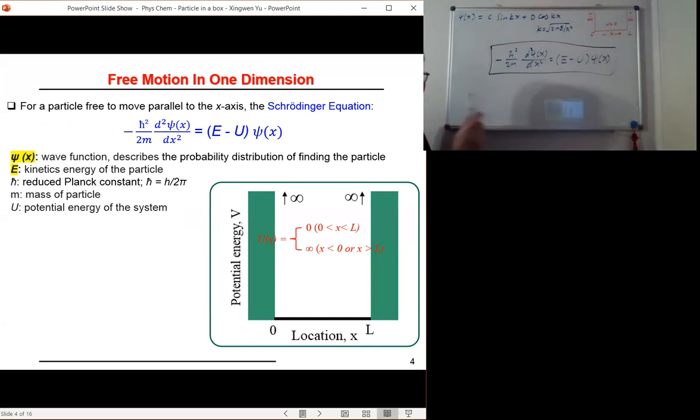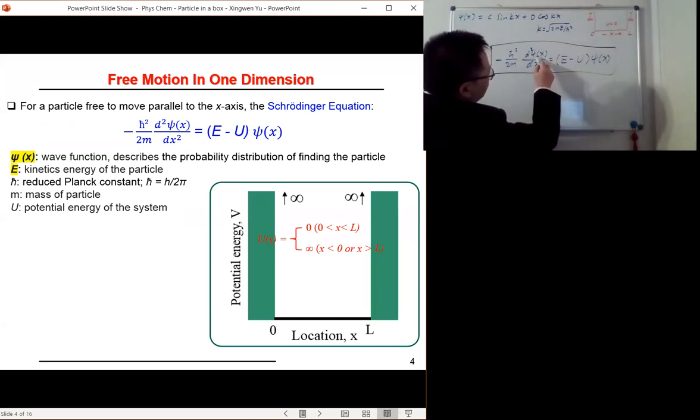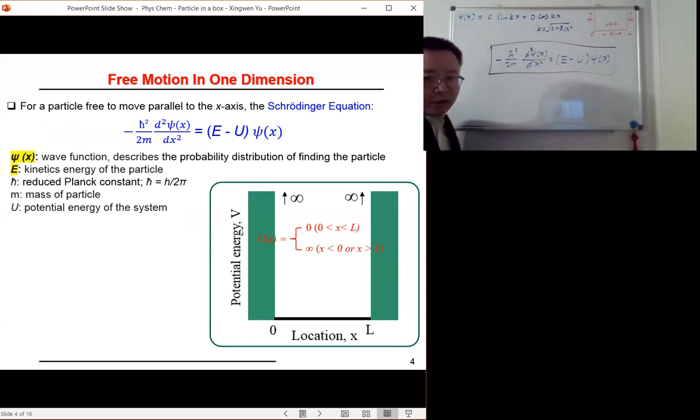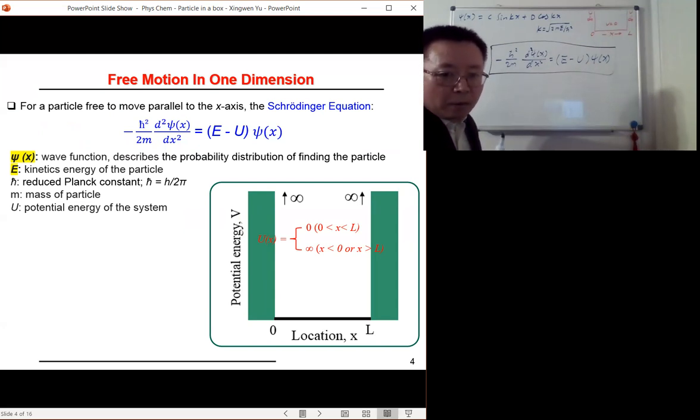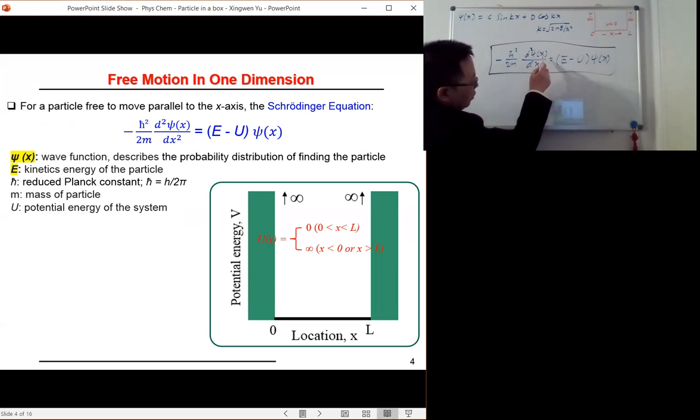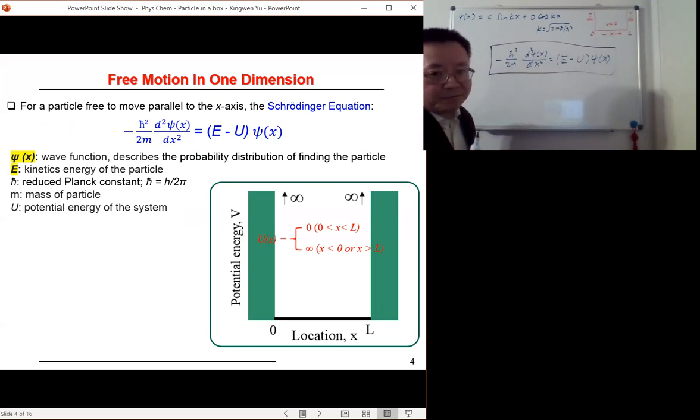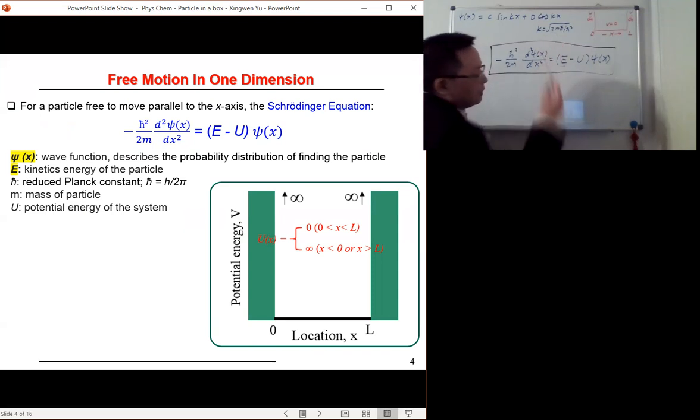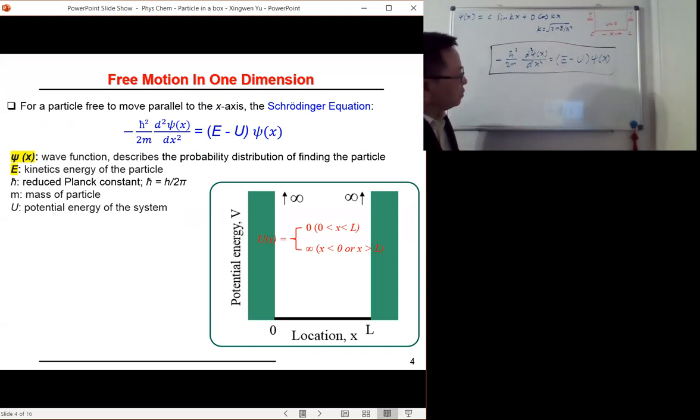So in this equation, psi is the wave function of the particle, which describes the probability distribution of finding the particle. E is the energy of the particle.